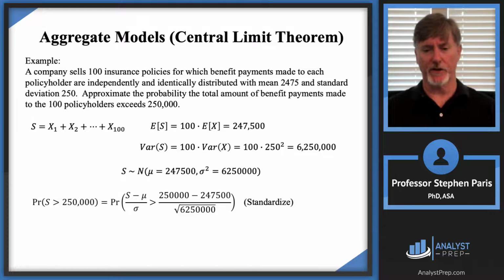On the right-hand side, if we go through the arithmetic, 250,000 minus 247,500 is just 2,500. So I end up with 2,500 in the numerator. The square root of 6.25 million is actually 2,500 also.